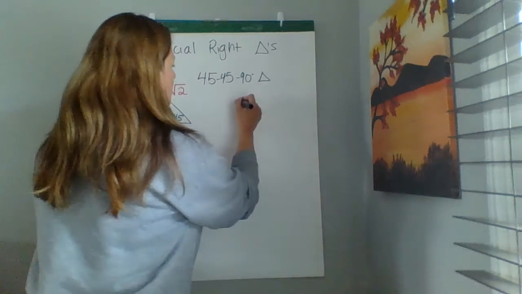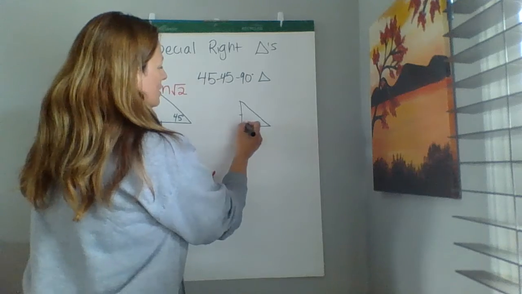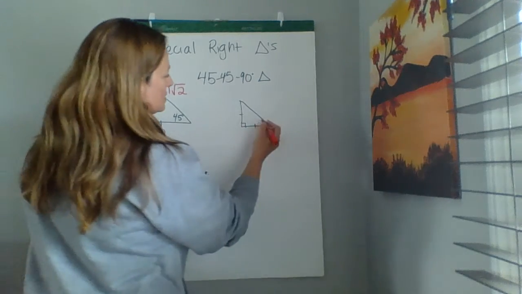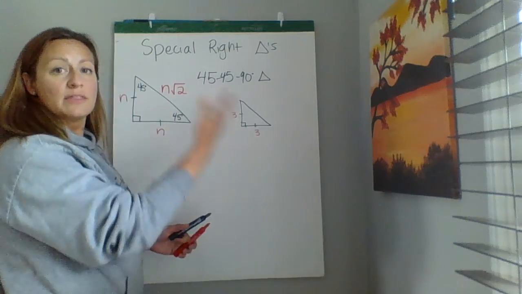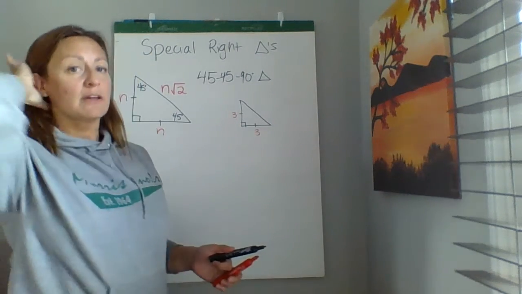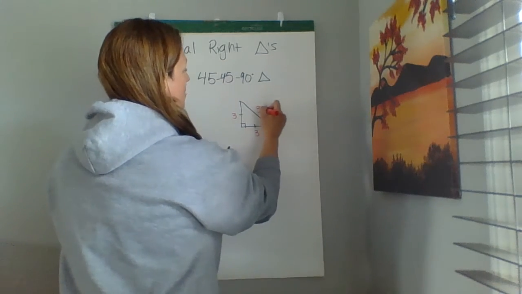So, for example, if you had a 45, 45, 90 triangle where each of the legs was 3, then the length of the hypotenuse, you don't have to plug it into the Pythagorean theorem. You can just know that the length of the hypotenuse is 3 radical 2.